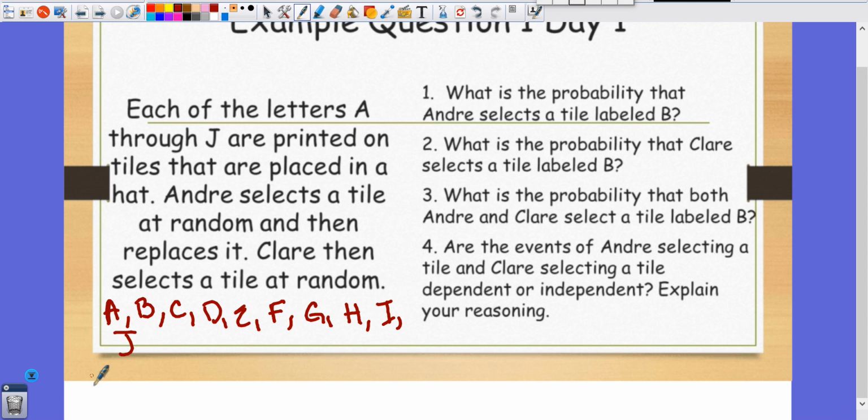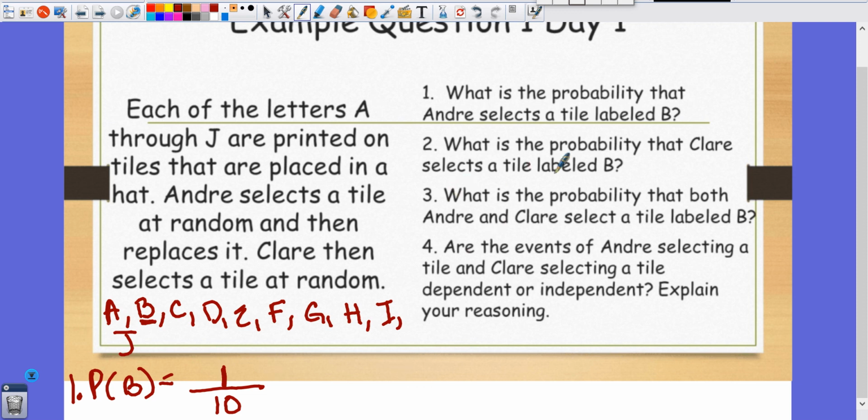So the probability of B, and this is the answer to question number 1, would be: 1, 2, 3, 4, 5, 6, 7, 8, 9, 10. So my sample space is 10. And the probability of getting a B, that shows up once, so that's 1 out of 10.